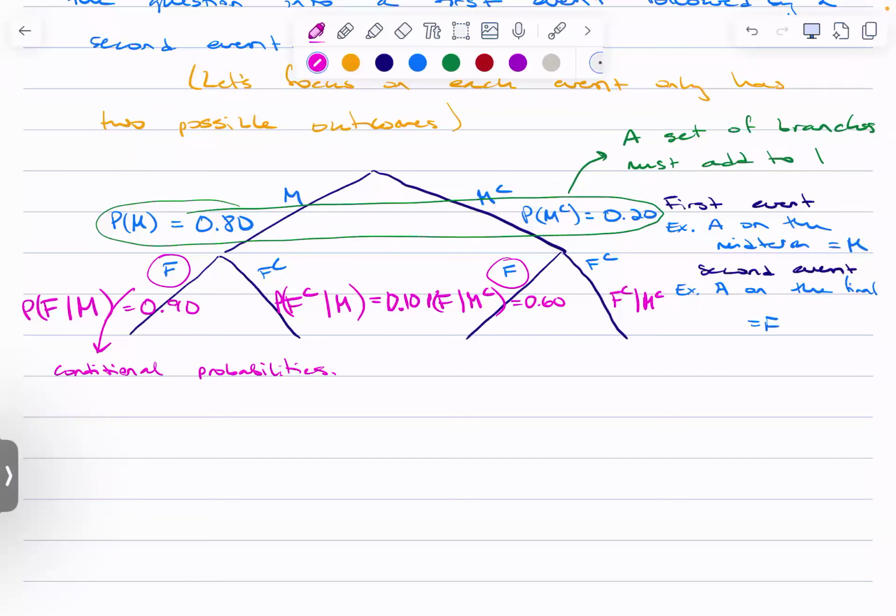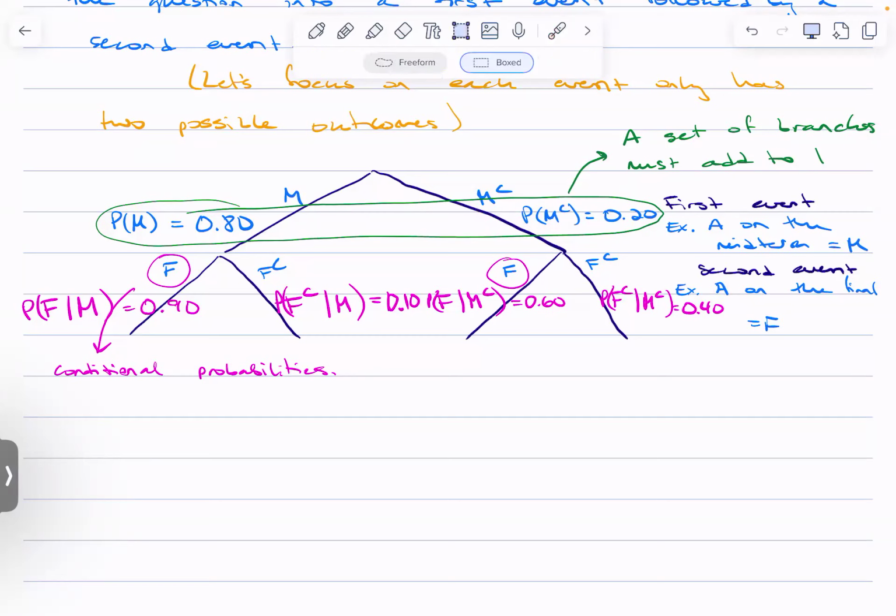Then the probability that you don't get an A on the final, knowing that you didn't get an A on the midterm, is 0.4. So the probabilities of getting an A on the final, right, 0.9 versus 0.6, depends on what happened on the midterm, right? Conditional on what happened on the midterm.